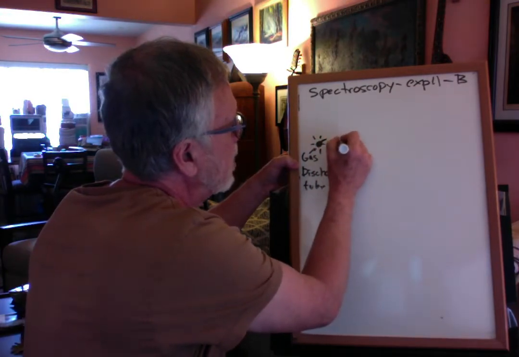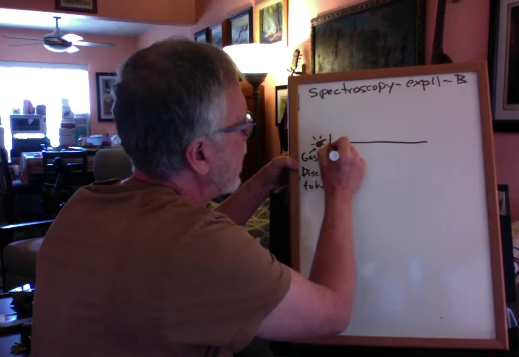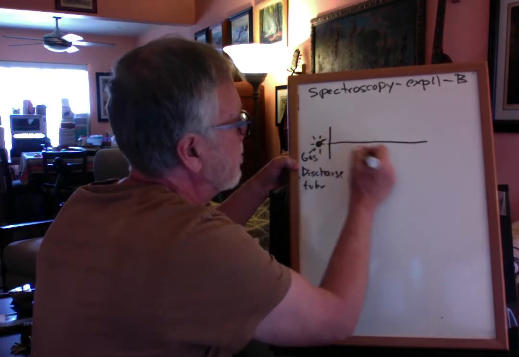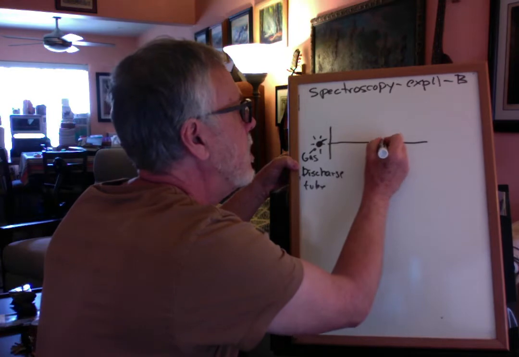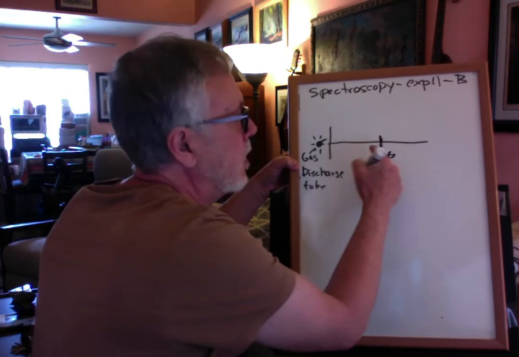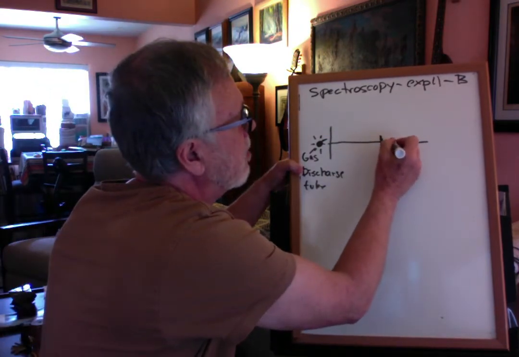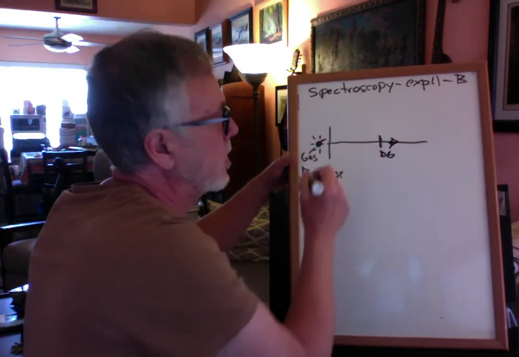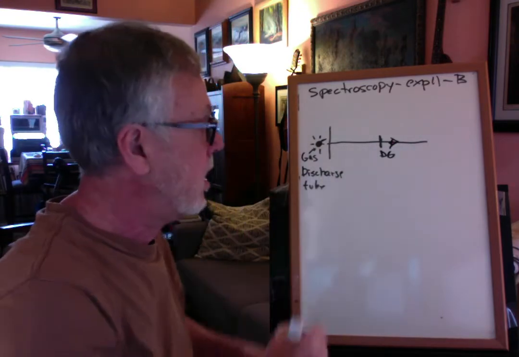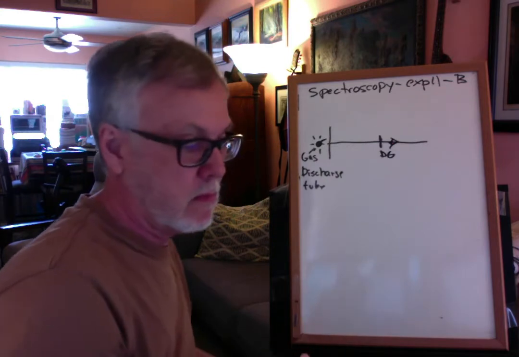It's set right next to a long ruler, and then there's a cross ruler. Right here is where the diffraction grating is located, and you would look through it to find the spectral lines and where they line up onto the small cross ruler.